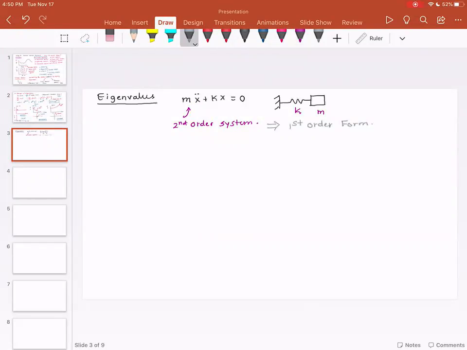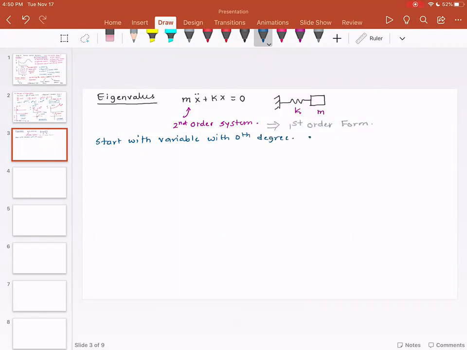What do I mean by first order form? Please note the highest order of derivative here is 2. So I want to convert that into 2 first order equations. So here is the process. Start with the variable with 0th degree.